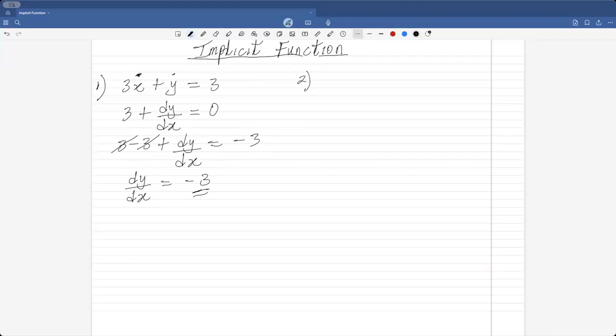Let's say we have a question that looks like this. x cubed plus y cubed equals 3xy. Now, let us solve one. The derivative of x cubed is 3x squared.